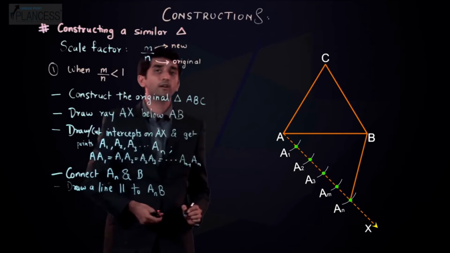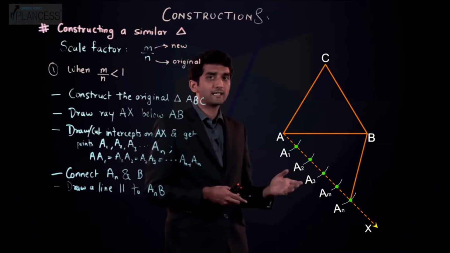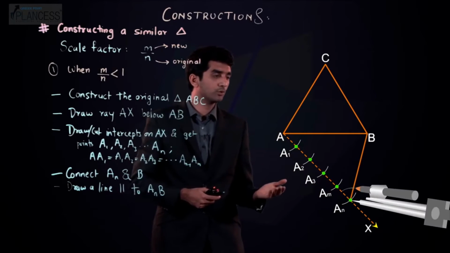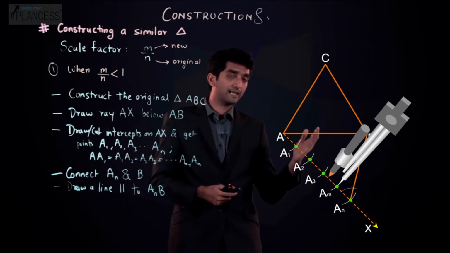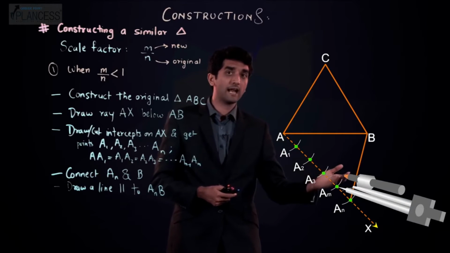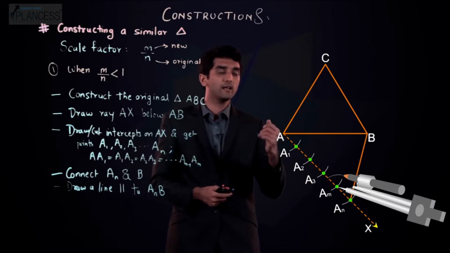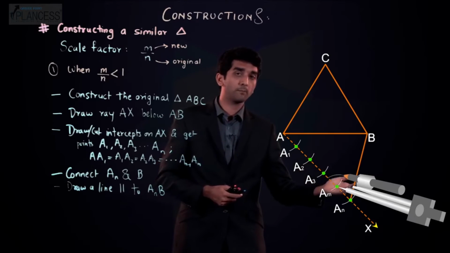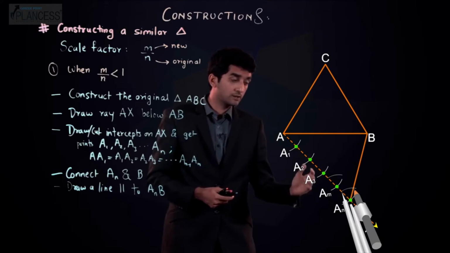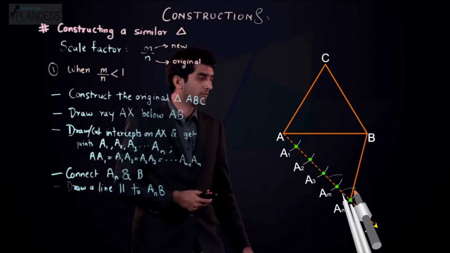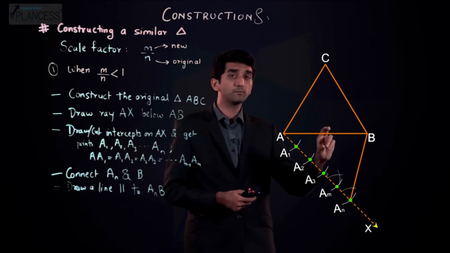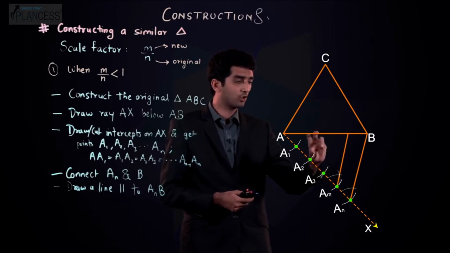So now we have already seen how exactly to draw a line parallel to a given line. What we are going to do is we need to make sure that this particular angle BANA is equal to the new angle that we are going to draw, because if there are parallel lines, we need to have corresponding angles in this case. So what we are going to do is keep the pointed edge on AN, draw an arc, keep the pointed edge on AM, draw the same arc.